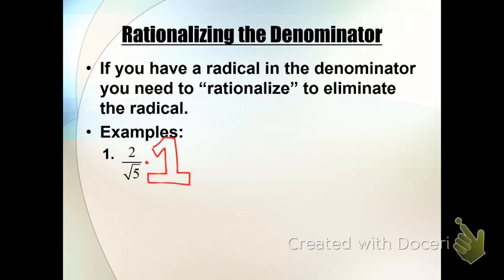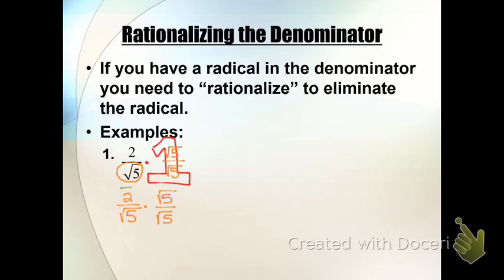In this case, I'm going to pick whatever this denominator is, and multiply by root 5 over root 5. Root 5 over root 5 is really just 1, but I'm going to be multiplying 2 over root 5 times root 5 over root 5.